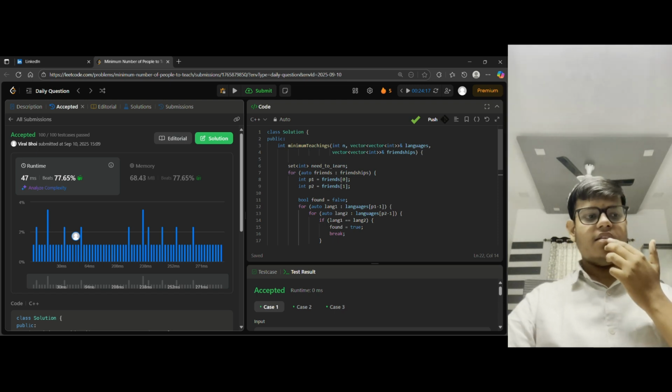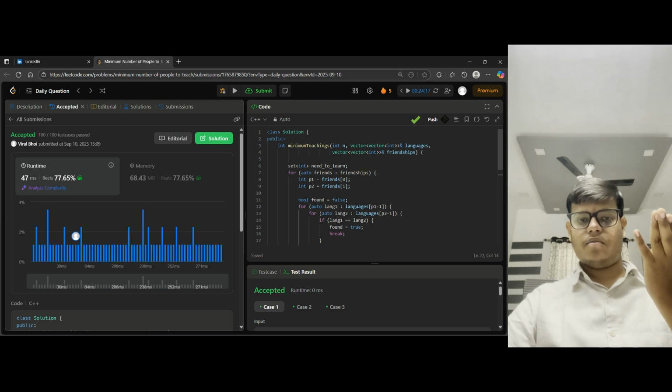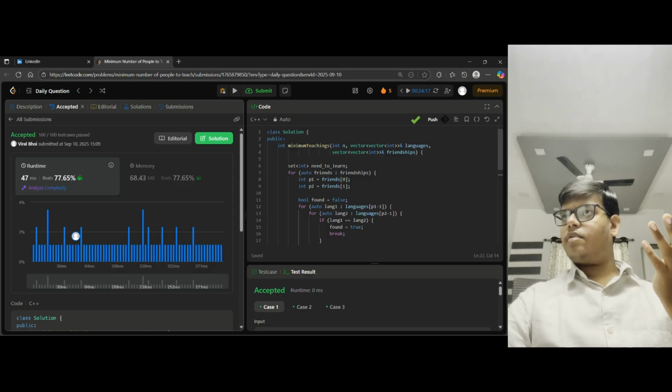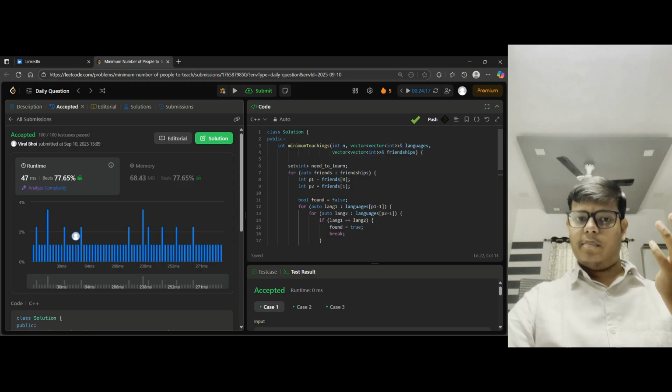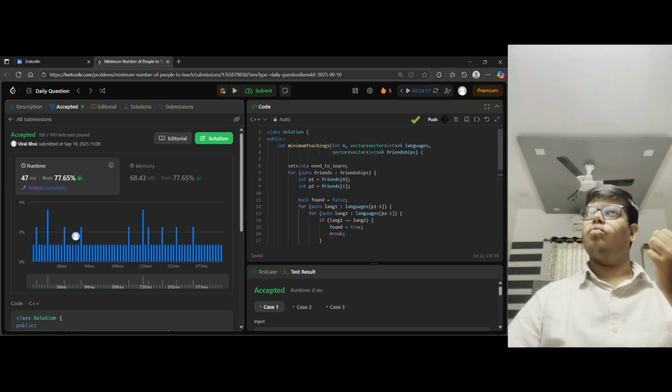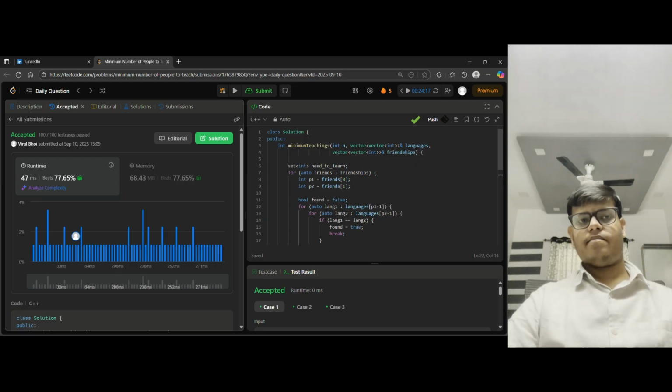And we are given the friendships. The maximum number of friendships possible is m into m minus 1, by 2 to be precise, so something of the order of m square.